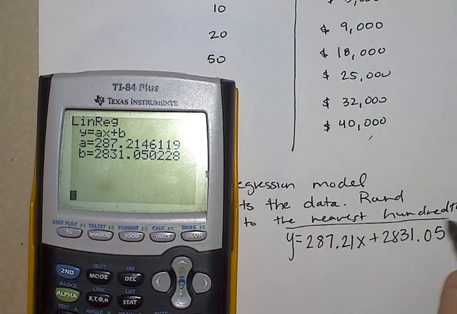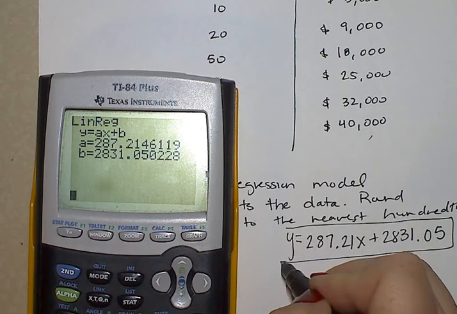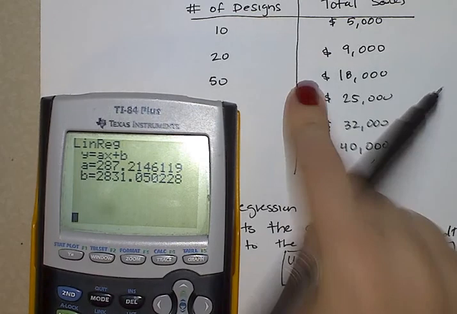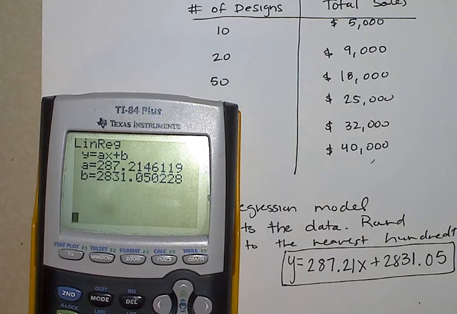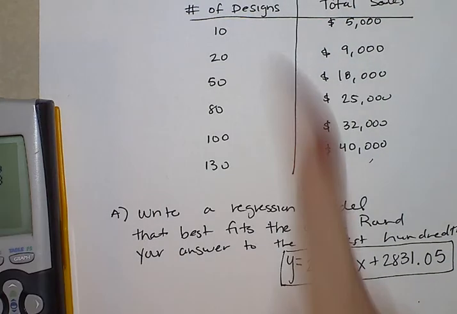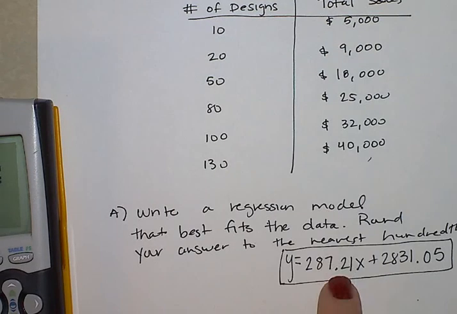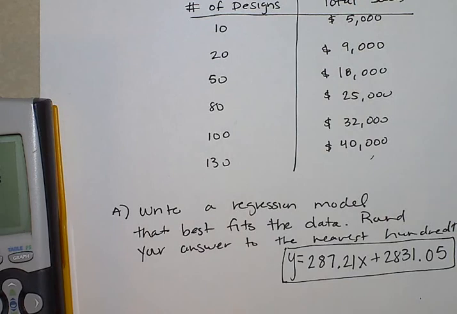This is my regression model, linear regression model, that models this data. In the past, and I mentioned this on Monday, students were concerned because they said, if I plug in 10 for x, I don't exactly get 5,000, or if I plug in 20, I don't necessarily get 9,000. Remember, this is an average of these points, so it's not going to be exact.